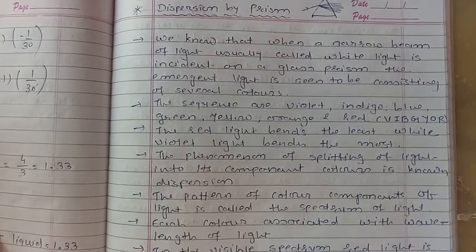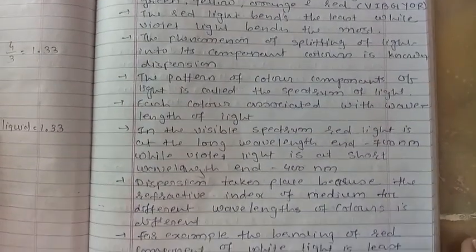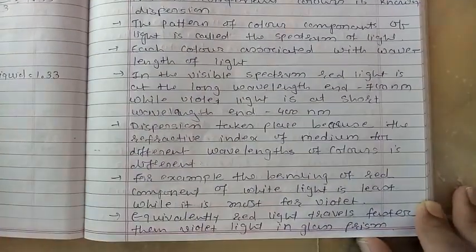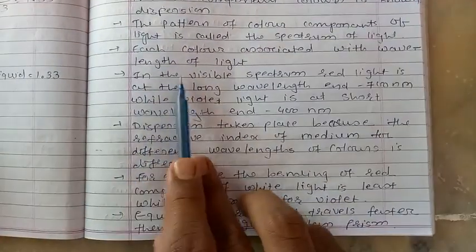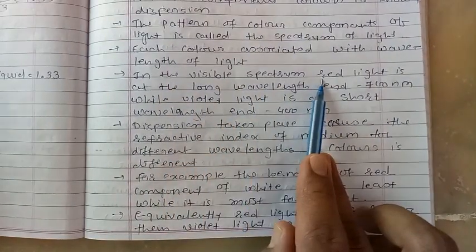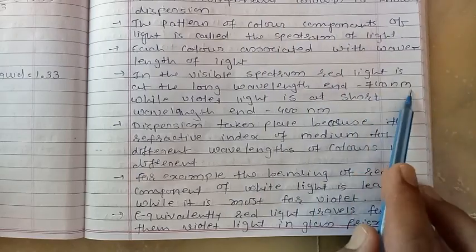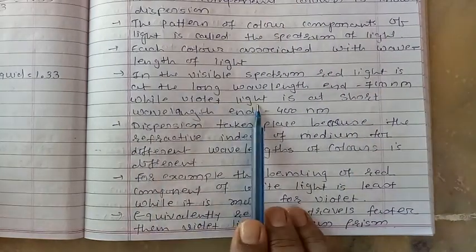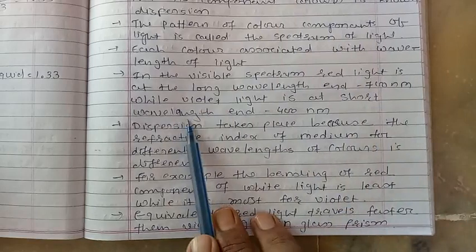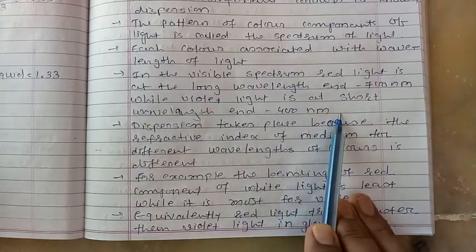So we write some sentences like this. In the visible spectrum, red light is at long wavelength, at 700 nanometer, while the violet light is at short wavelength, ending at 400 nanometer.